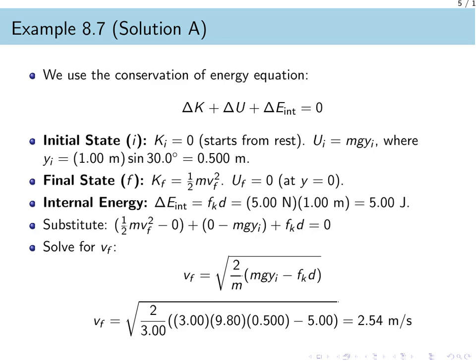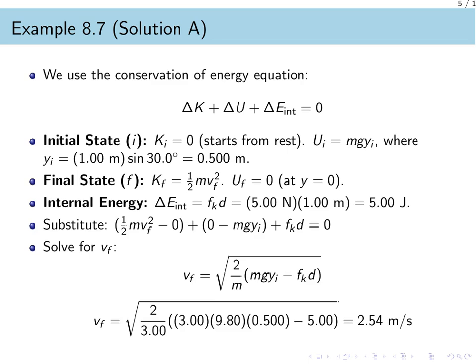We first define our initial and final states. Initially, the crate is at rest, so K initial is 0. Its initial potential energy, U initial, is m times g times y initial, where the initial height y initial is 1.00 meter times the sine of 30.0 degrees, which is 0.500 meters.